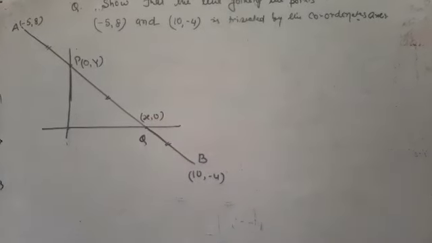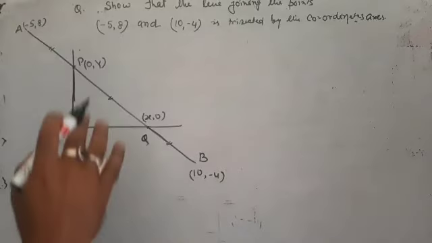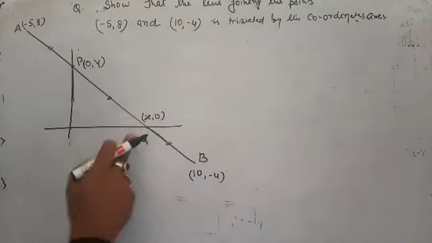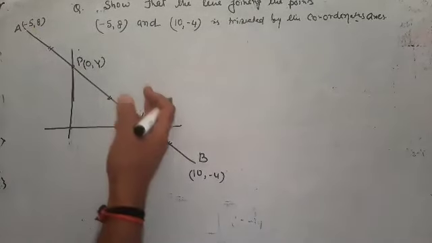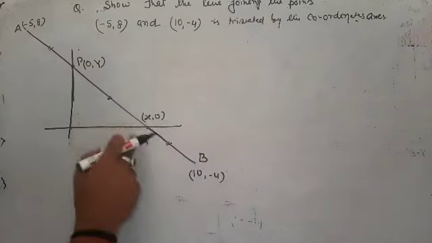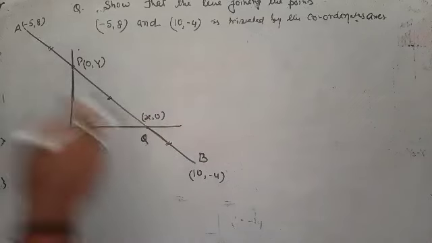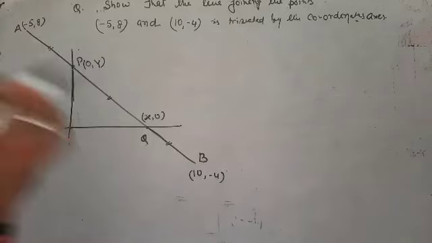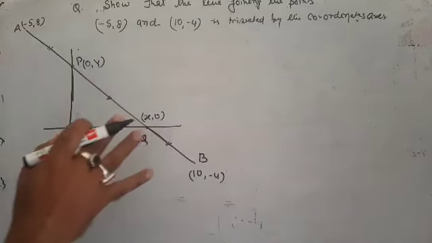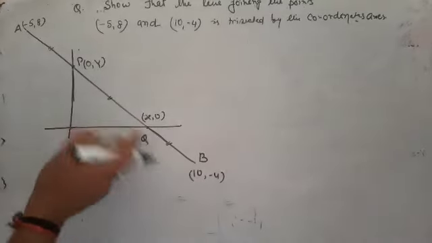Okay. So you have to prove. If P and Q trisect the line AB, that means the ratio of P may be 1:2 or 2:1, because we can write Q here, P here, or we can write P here, Q here.